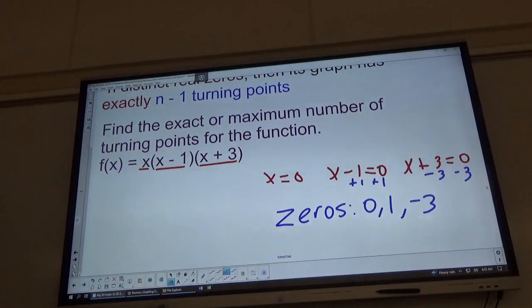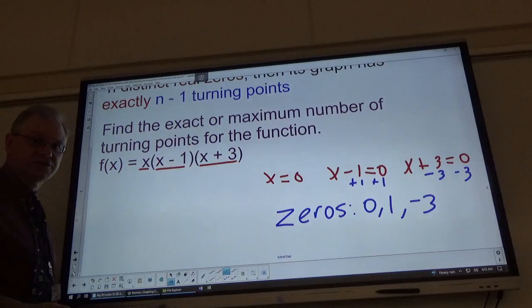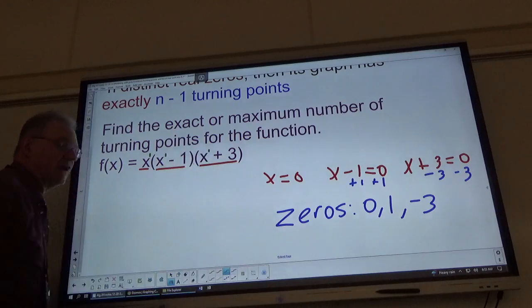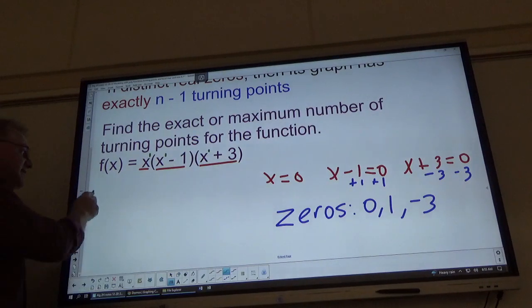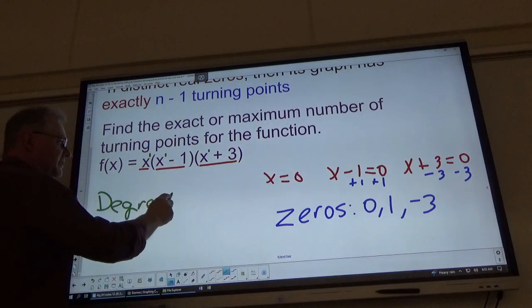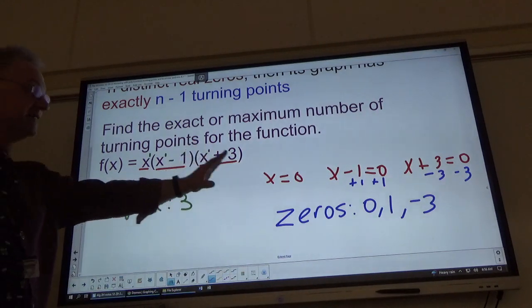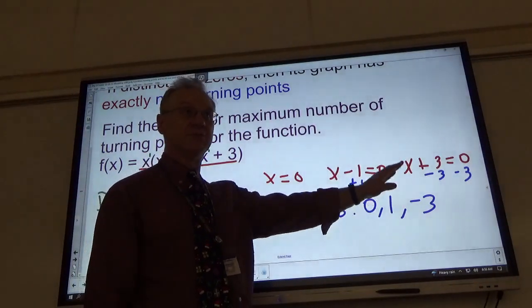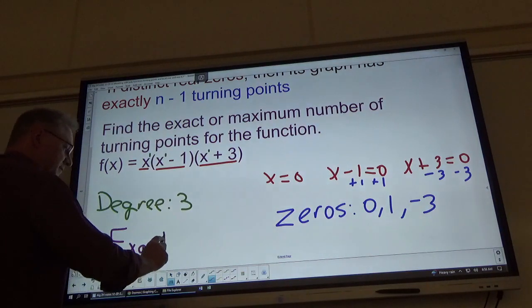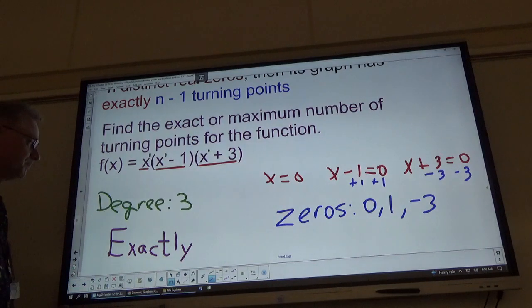Well, the other thing you need to know is the degree. Now, each of these factors, if you look at the highest exponent for the variable in that particular factor, you add them up, and that is the degree of this polynomial function. In this case, that's 3. If the degree and the number of different real number zeros is the same, it's exactly, versus at most or maximum.